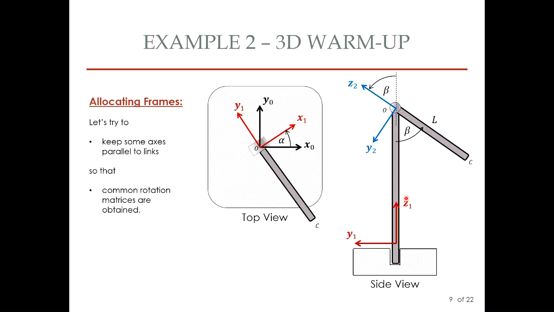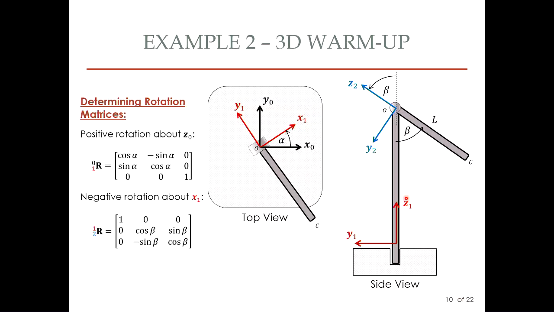Negative x, yeah, negative x rotation. So you can prepare your rotation matrices like that. The rotation matrix from frame 1 to frame 0 is this positive rotation about Z, and this one from 2 to 1 is negative rotation about X. Does it make sense so far?